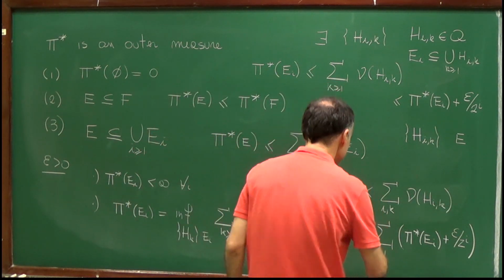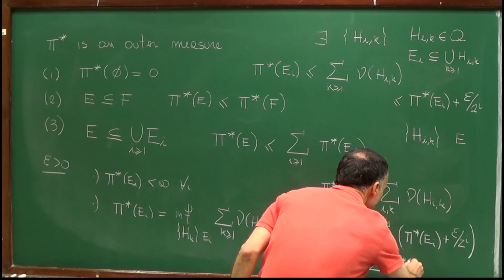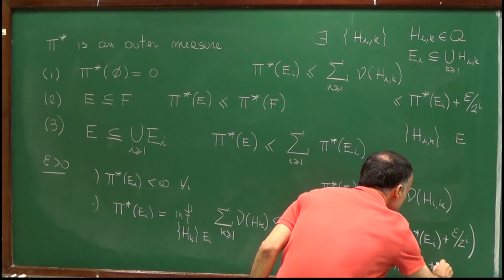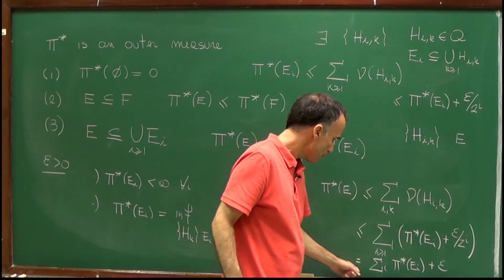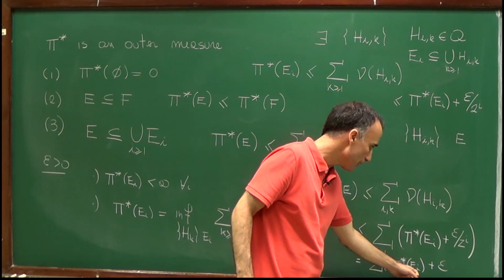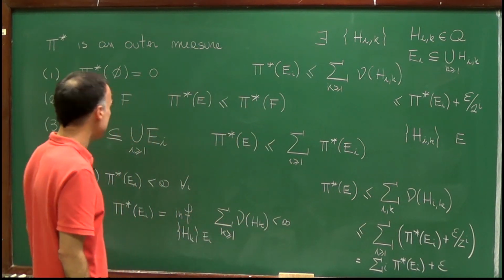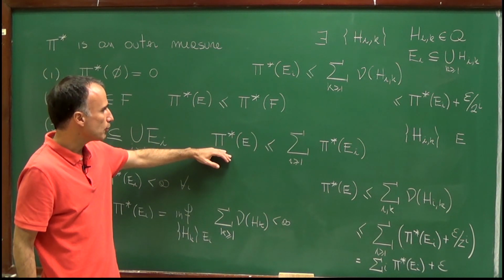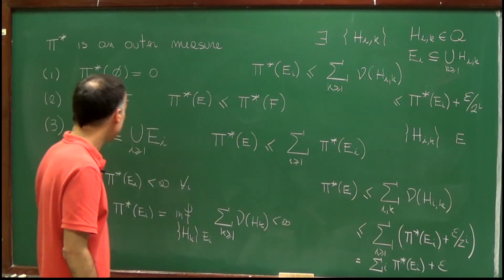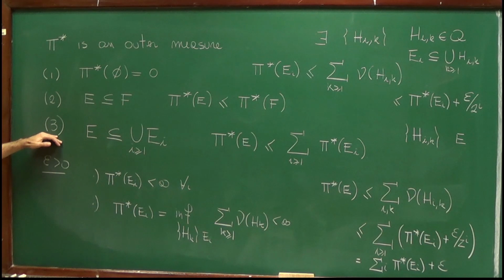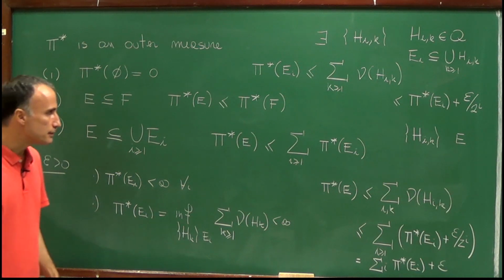Well, and this is equal to the sum of P star of E_i plus epsilon. So we proved that P star of E is less than or equal to the sum of P star of E_i plus epsilon. Since this holds for every epsilon, we obtained the claim we were looking for, which means that P star of E is less than or equal to the sum of P star of E_i. And therefore, the third property of an outer measure is fulfilled, and this proves that P star is indeed an outer measure.